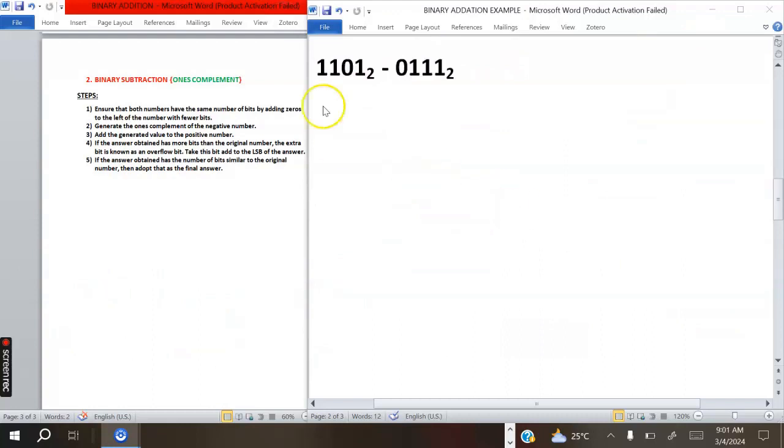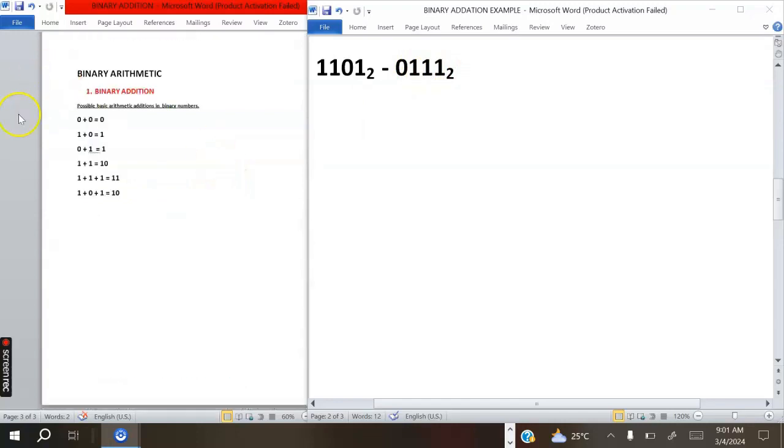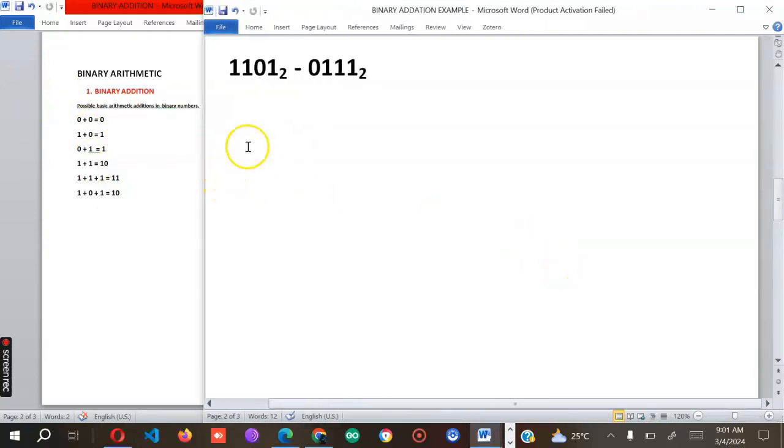where we have 1101 minus 0111. Okay, let me take you to this other one so that you can compare, so that as I make the calculation, we'll be able to follow up. Remember the rules. Step number 1 is to convert this section into 1 complement.